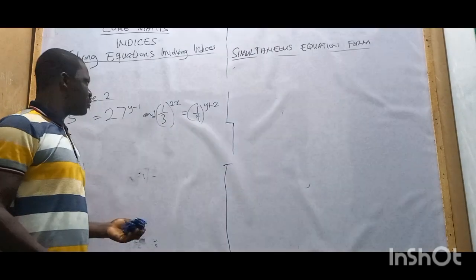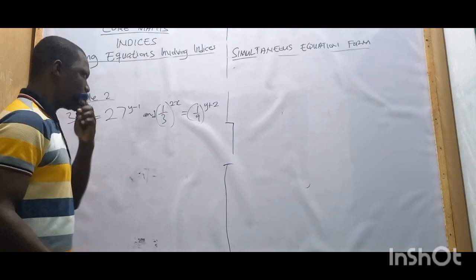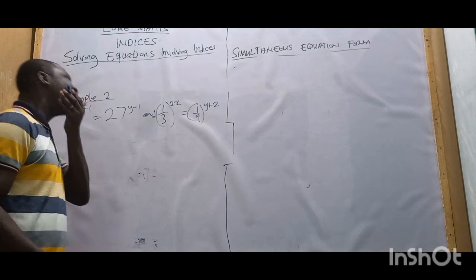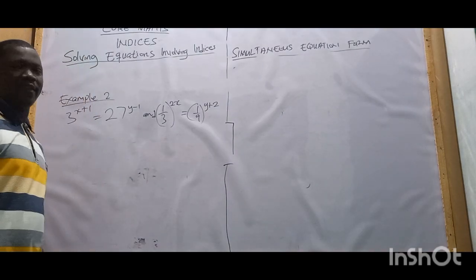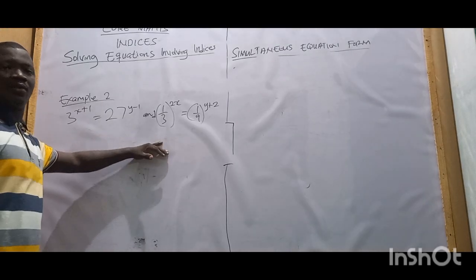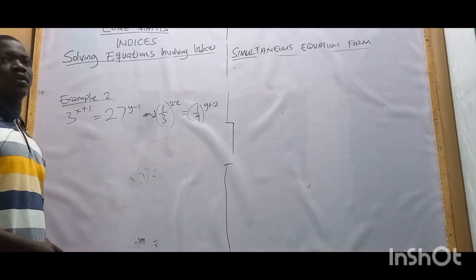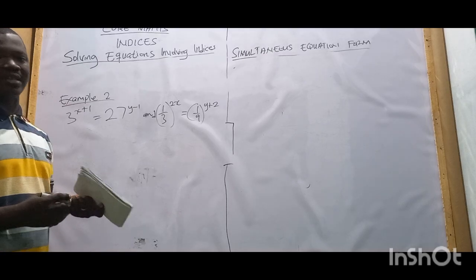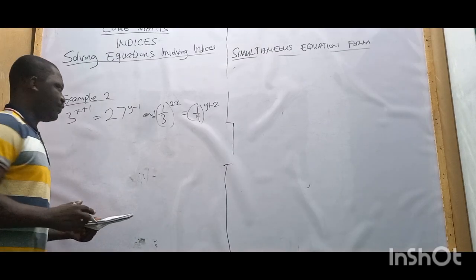Y plus 2. So these are the two forms of the equation. So we'll take the first one and simplify. We'll take the second one and simplify. Then after that, we'll solve them simultaneously, right?